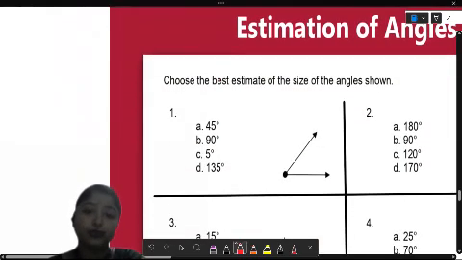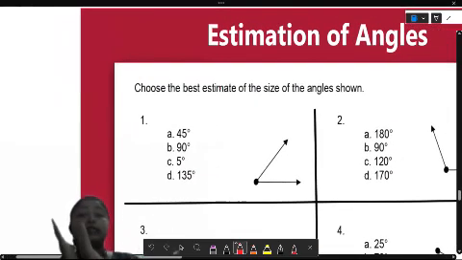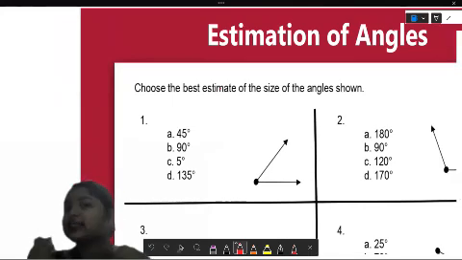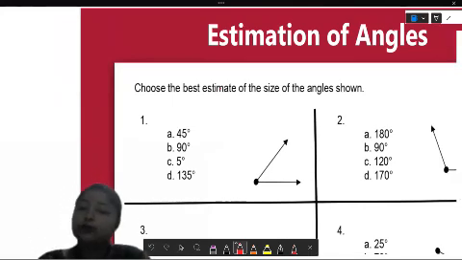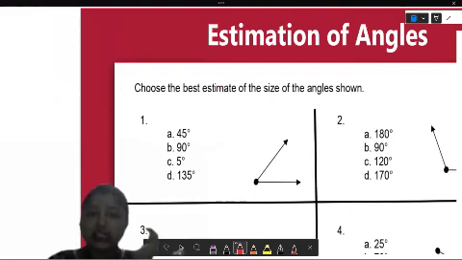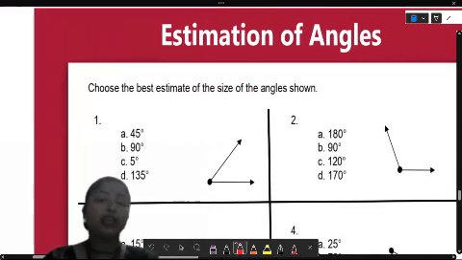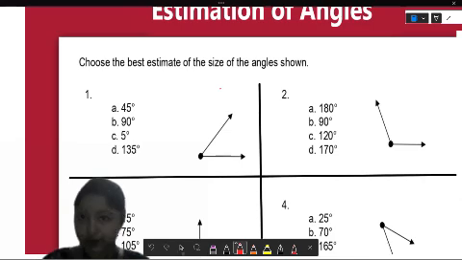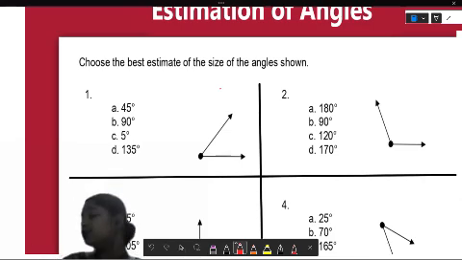Now, let's move on to angle estimation. This is what I was talking about, the estimation of angles. We can use a protractor, that's perfectly fine, but here we need to give an estimate. Estimation means you are not sure, right? We are not 100% sure that it is the same angle without using a protractor.